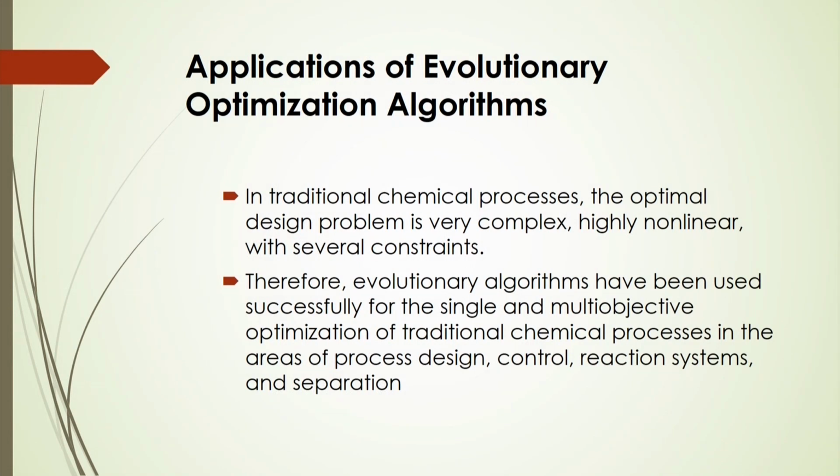So, that is why evolutionary algorithms are generally used successfully for the single and multi objective optimization of those traditional chemical processes in the areas of process design, process control, reaction systems, and also separation. So, we are going to discuss the application of the evolutionary optimization algorithm.